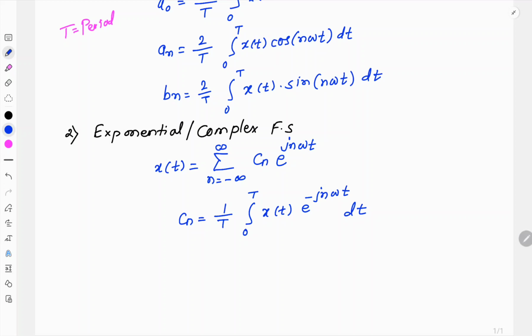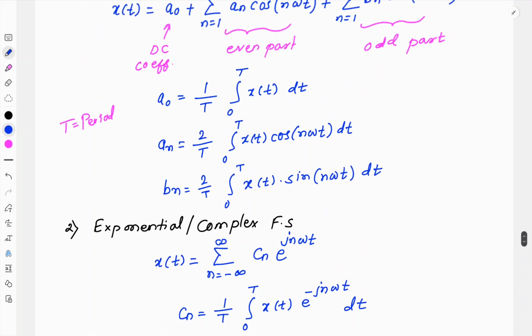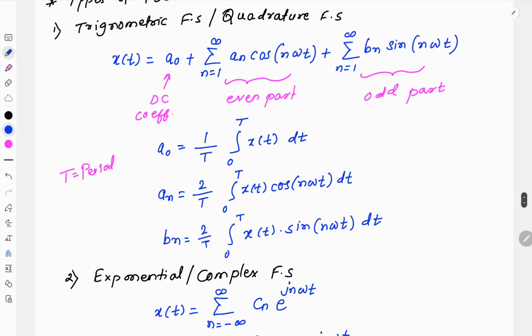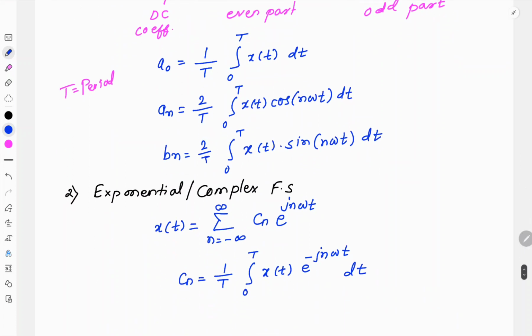If we look at the representation of exponential Fourier series and the previous trigonometric Fourier series coefficients, in case of exponential Fourier series we have coefficient Cn, and in terms of trigonometric Fourier series we have three coefficients A0, An and Bn.